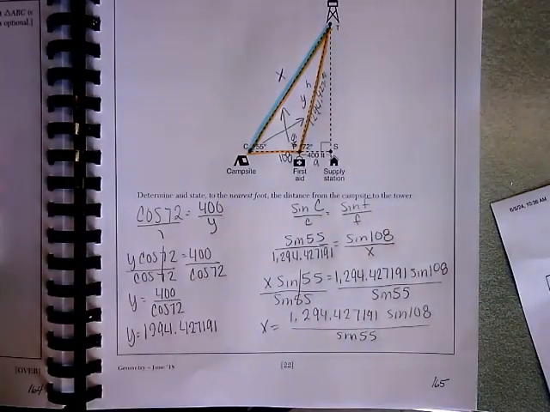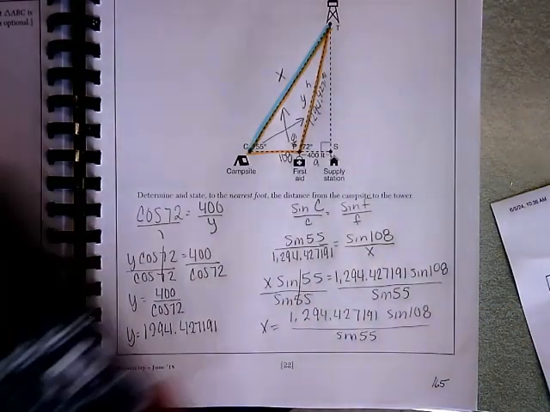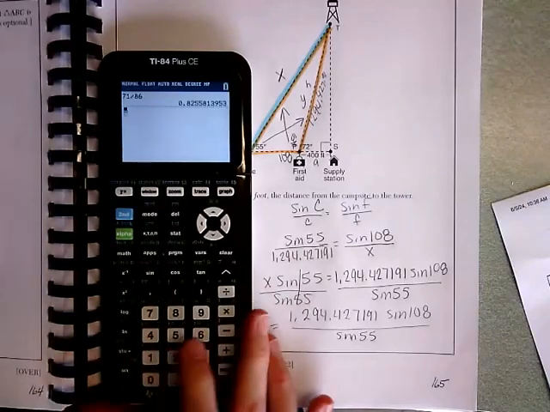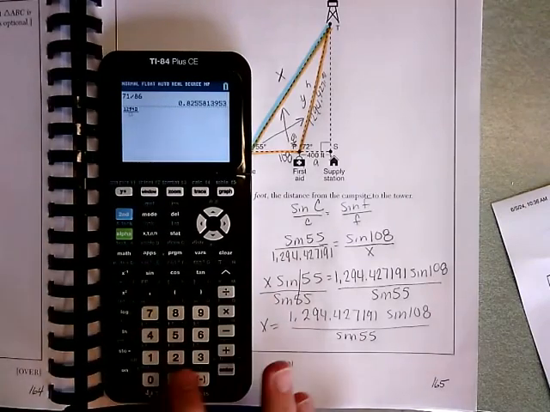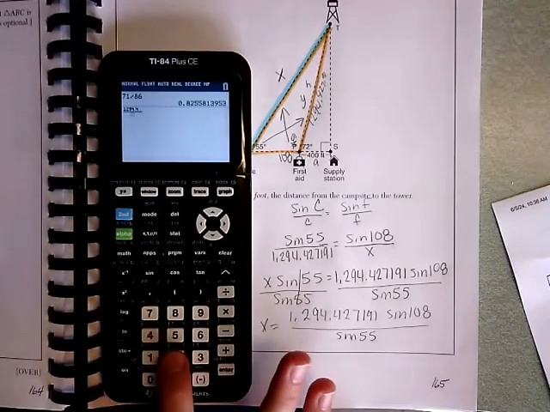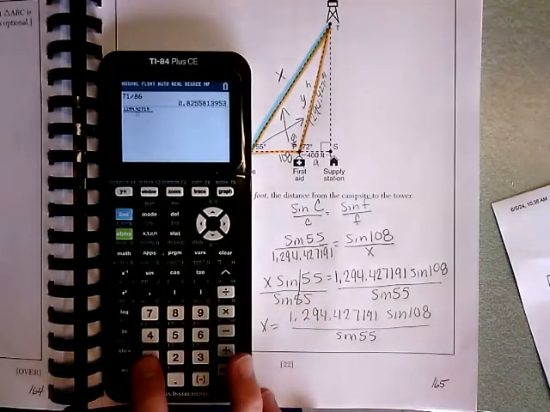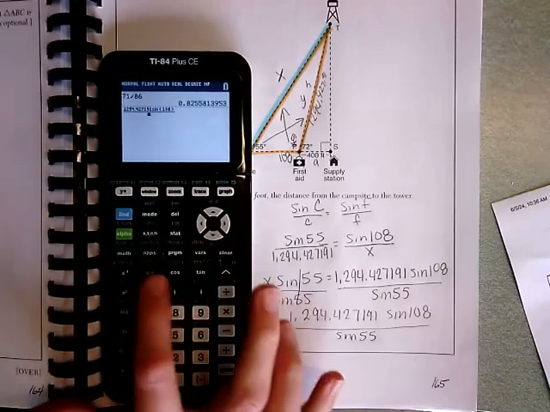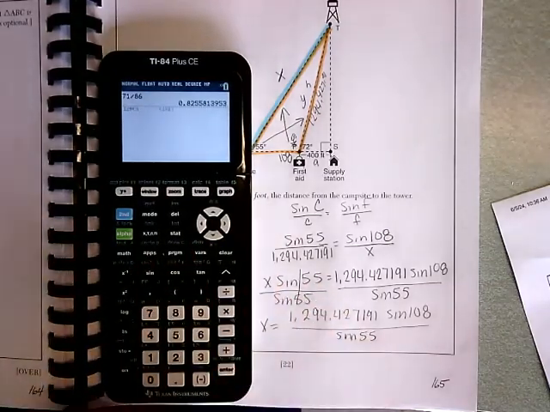So now let's put all this into our calculators very, very carefully. So x equals 1,294.427191 times sine of 108 over sine of 55.